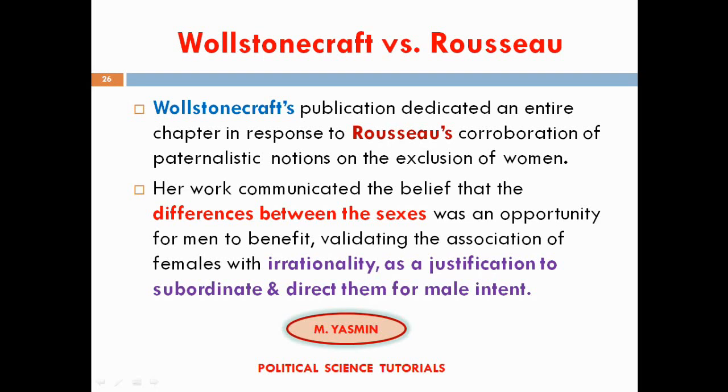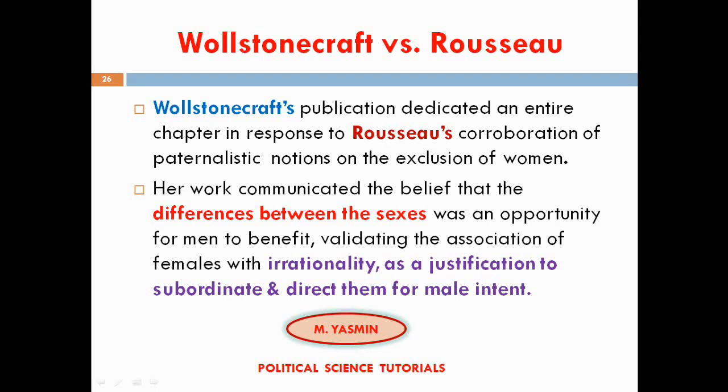As already mentioned, Swiss-born French philosopher Rousseau portrayed women as silly and frivolous creatures born to be subordinate to men. Wollstonecraft totally disagreed with Rousseau on this point. Her publication dedicated an entire chapter in response to Rousseau's paternalistic notions on the exclusion of women.